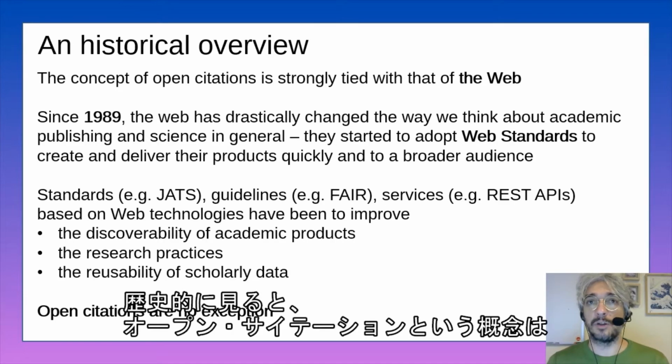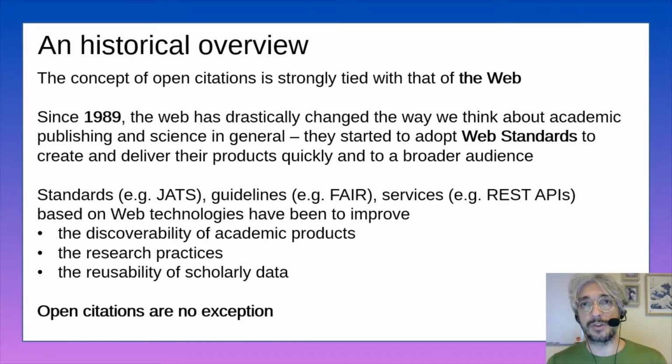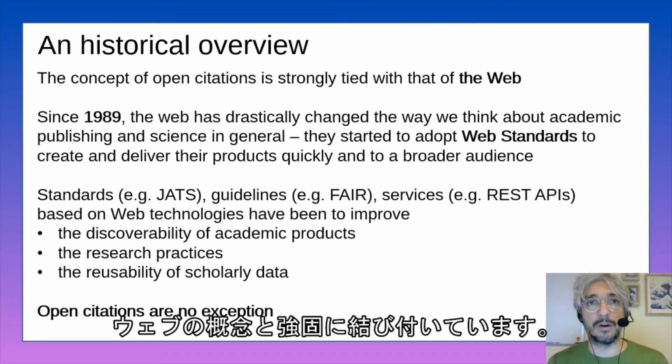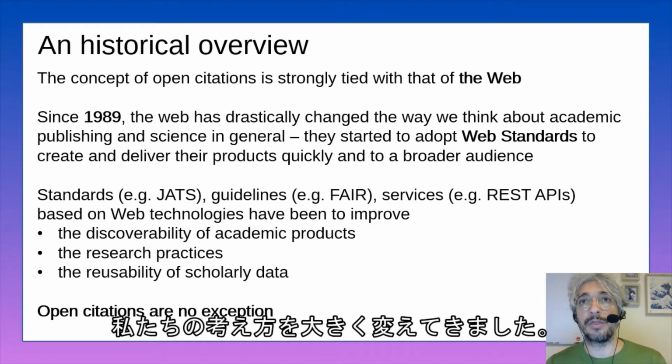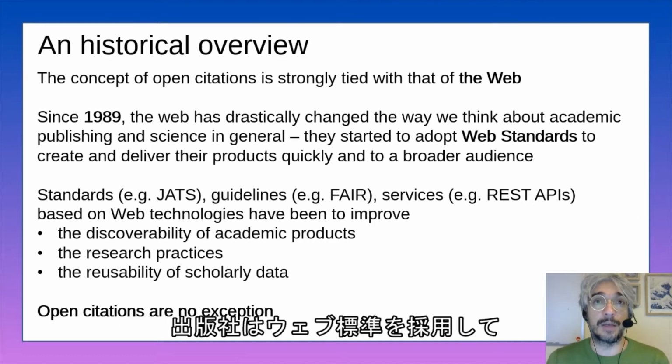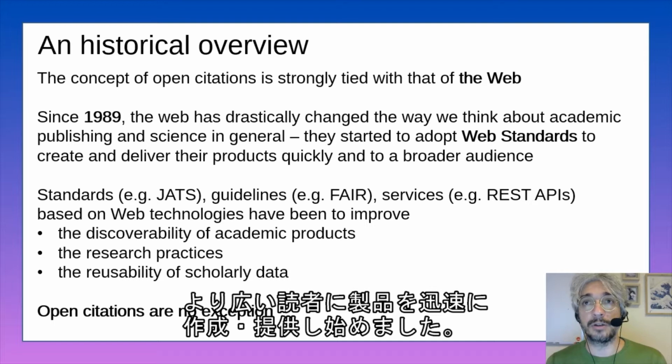From a historical point of view, the concept of open citation is strongly tied with that of the web. Since 1989, the web has drastically changed the way we think about academic publishing and science in general. Publishers themselves started to adopt web standards to create and deliver their products quickly and to a broader audience.